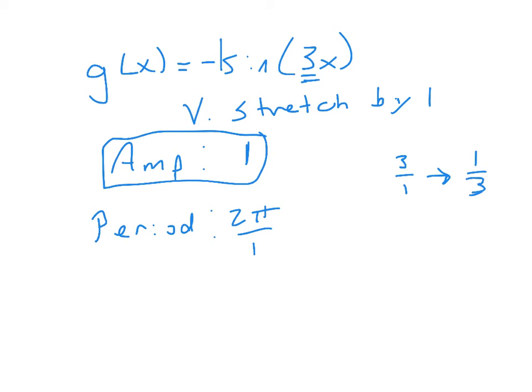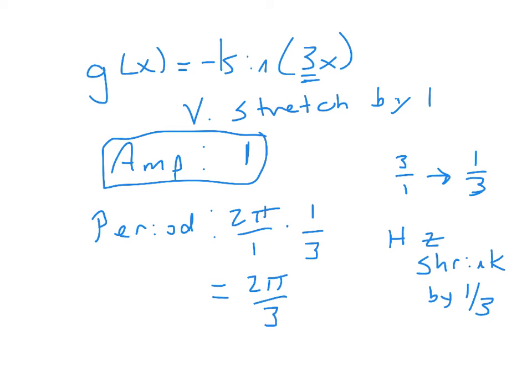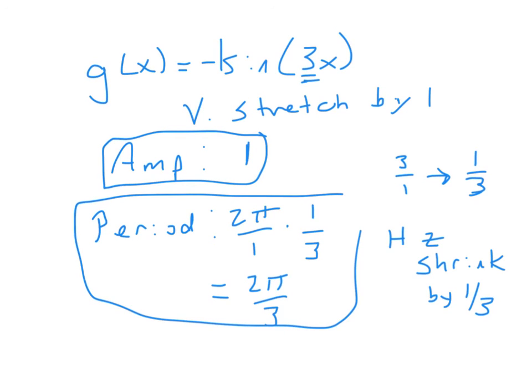You always have to flip that number over. So in this case, there is a horizontal shrink by 1/3. So now that I know that I've got a shrink by 1/3, I take 2 pi over 1 times 1/3. That gives me a period of this function of 2 pi over 3. That's my period of that graph.